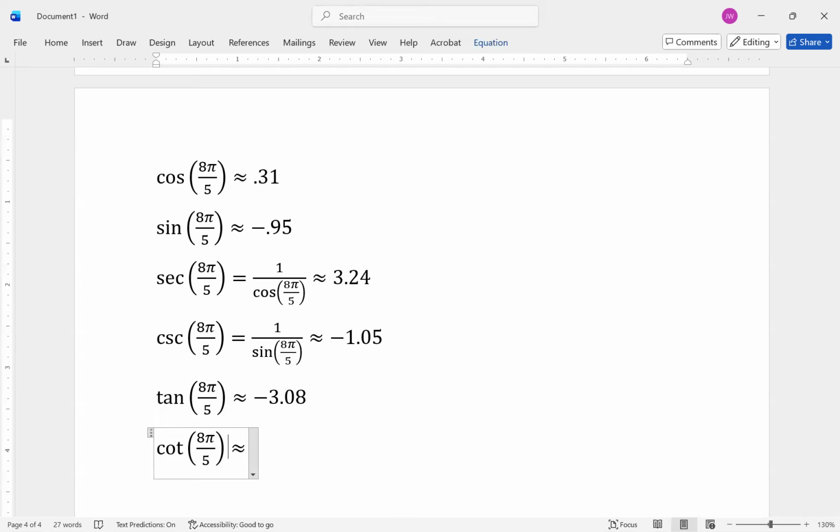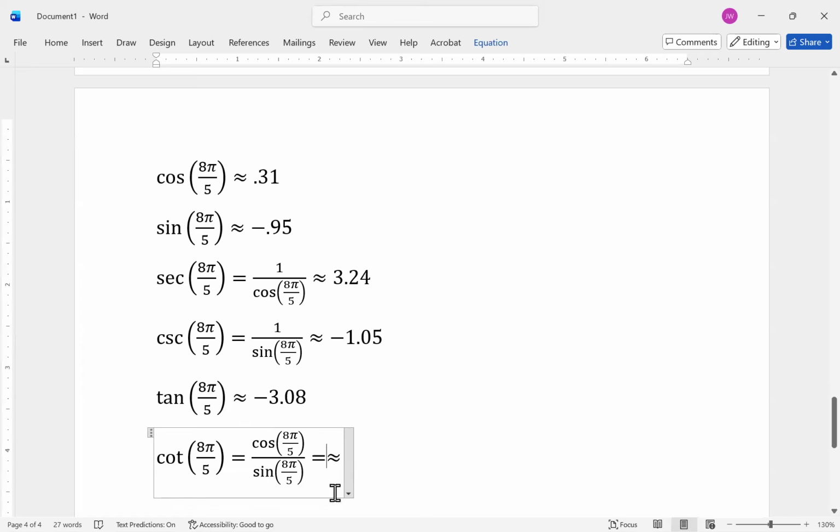Cotangent you can do in a couple of different ways. If you wanted to, you can type cosine of 8 pi over 5, divided by sine of 8 pi over 5, into your calculator. Another way is, notice that cosine over sine is the reciprocal of sine over cosine.